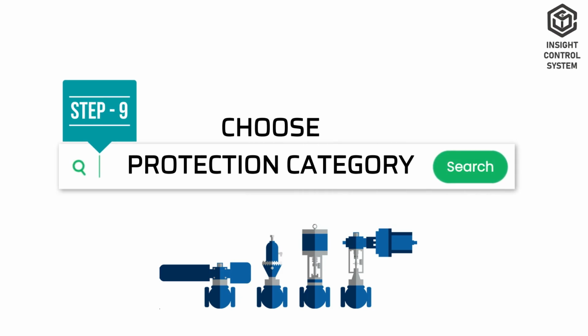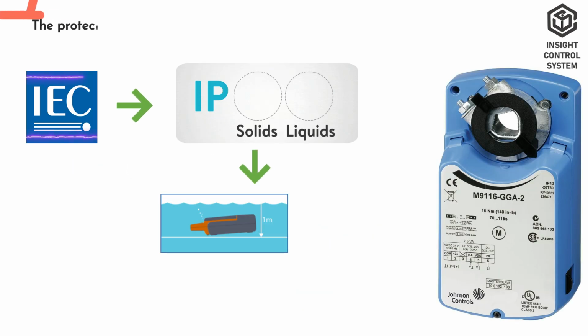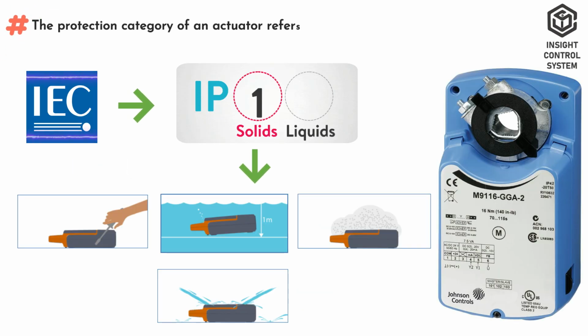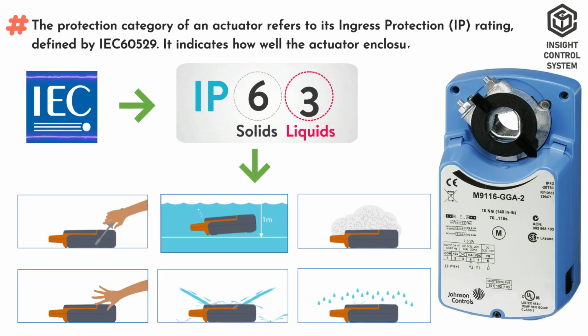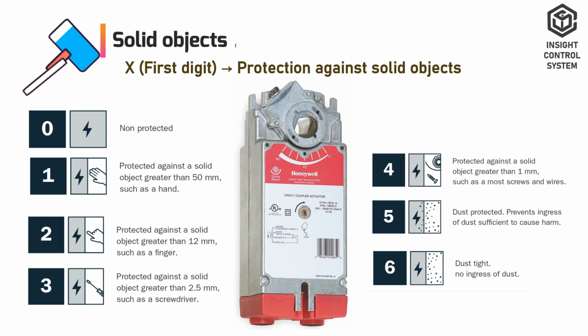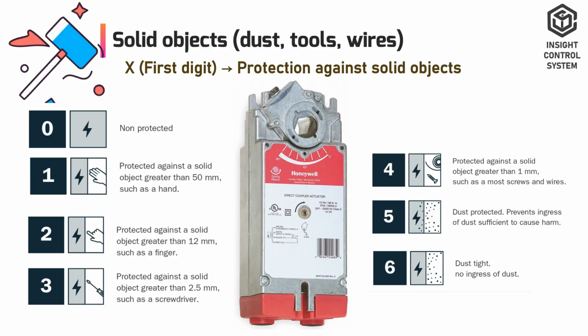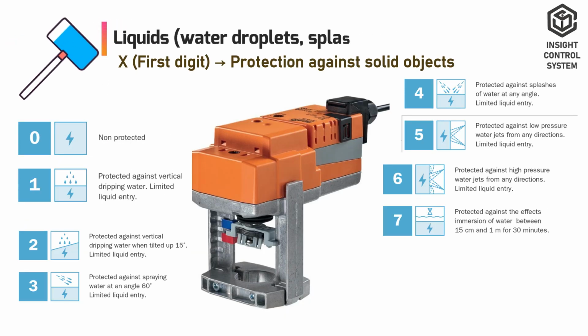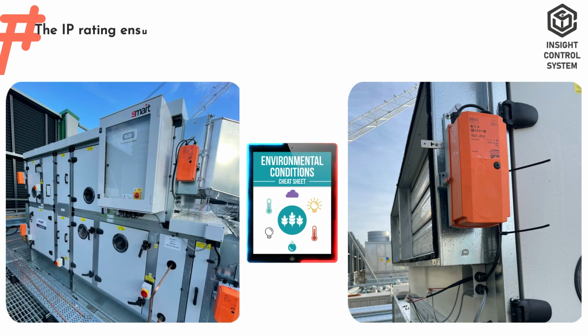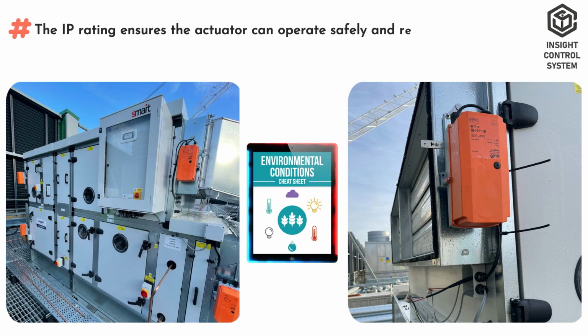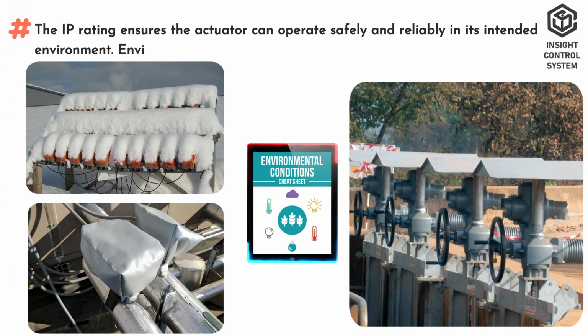Step 9. Choose the protection category. The protection category of an actuator refers to its ingress protection, IP rating, defined by IEC 60529. It indicates how well the actuator enclosure is protected against solid objects like dust, tools, wires, and liquids like water droplets, splashes, jets, or immersion. The IP rating ensures the actuator can operate safely and reliably in its intended environment.